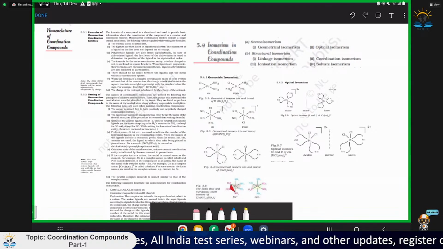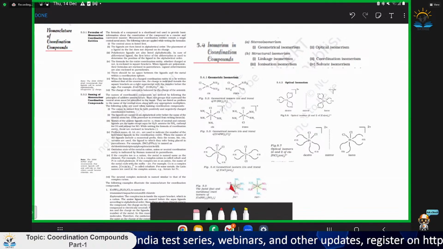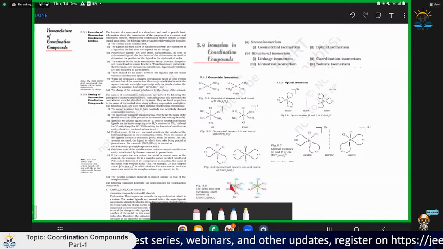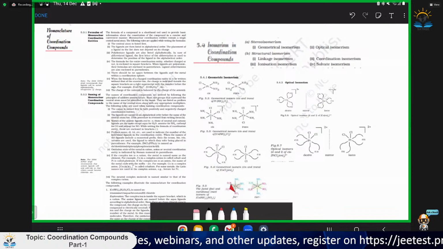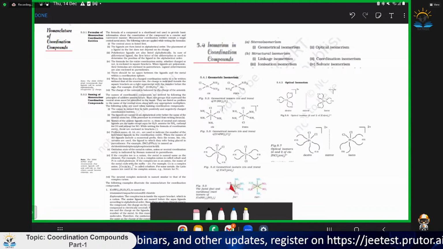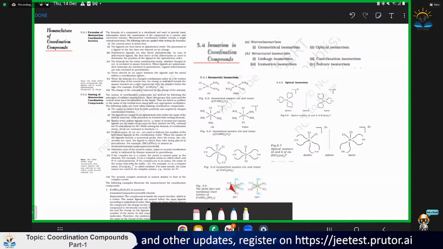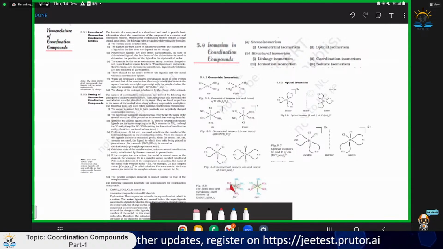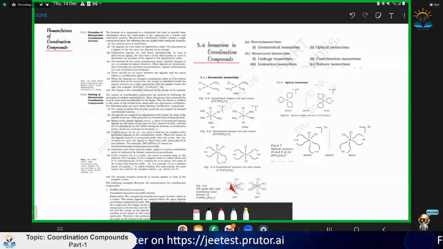When the formula of a charged coordination entity is to be written without that of the counter ion, the charge is indicated outside the square brackets as a right superscript with the number before the sign. The number before the sign is important. I always neglected that.